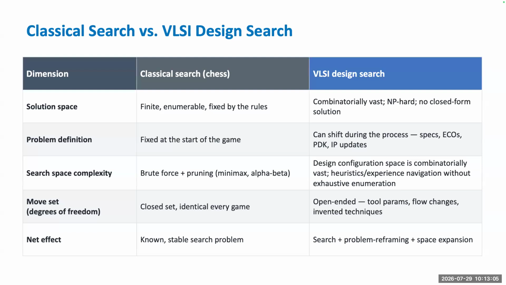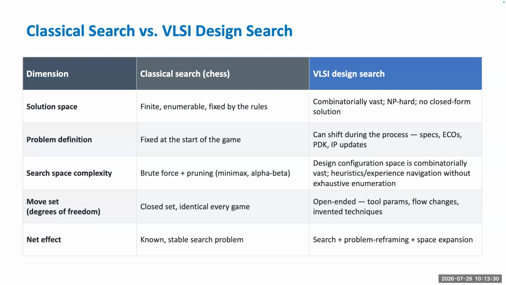It is a finite solution space, a well-defined problem. You can throw compute at it and do a pretty good job. The game is not changing. You have a chessboard and a number of pieces, and they don't change their ability to move mid-game. So it's a really stable, known search problem.